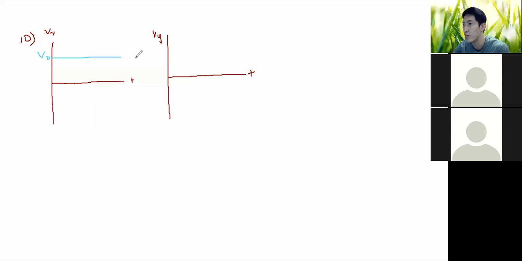So Vy, however, is one that needs a little conceptual thinking. Notice how they say the ball is shot horizontally. That means it's not shot up or down, which means that Vy has to start at 0 because it's not being shot upwards or downwards, if that makes sense.